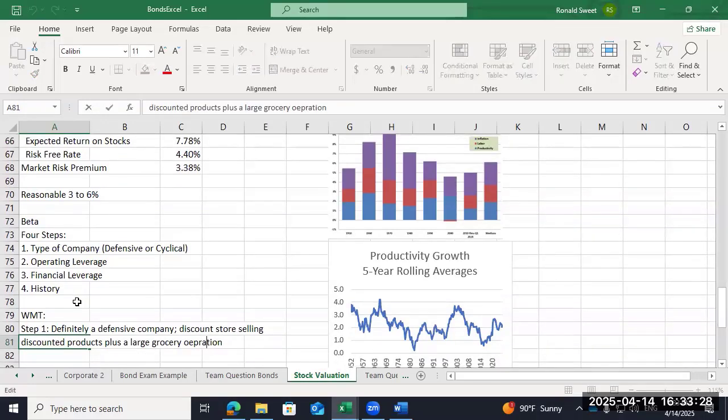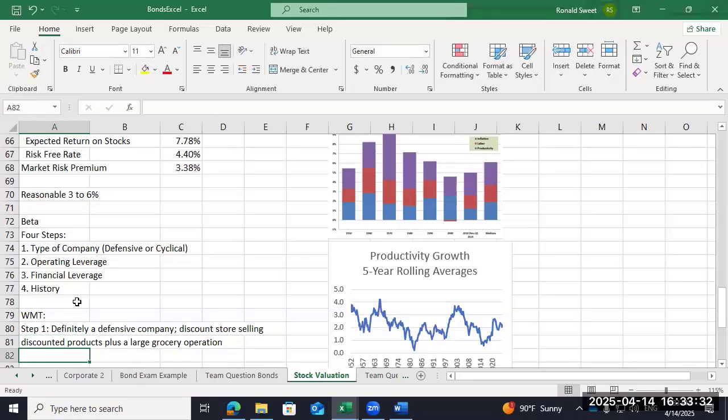So there is just your opinion. What kind of firm is it? Some firms are a little trickier than others, but Walmart is beyond a doubt a defensive company. I think it was the only stock in the S&P 500 that was positive in 2008. So definitely a defensive. So you just have to talk about that, defensive or cyclical.